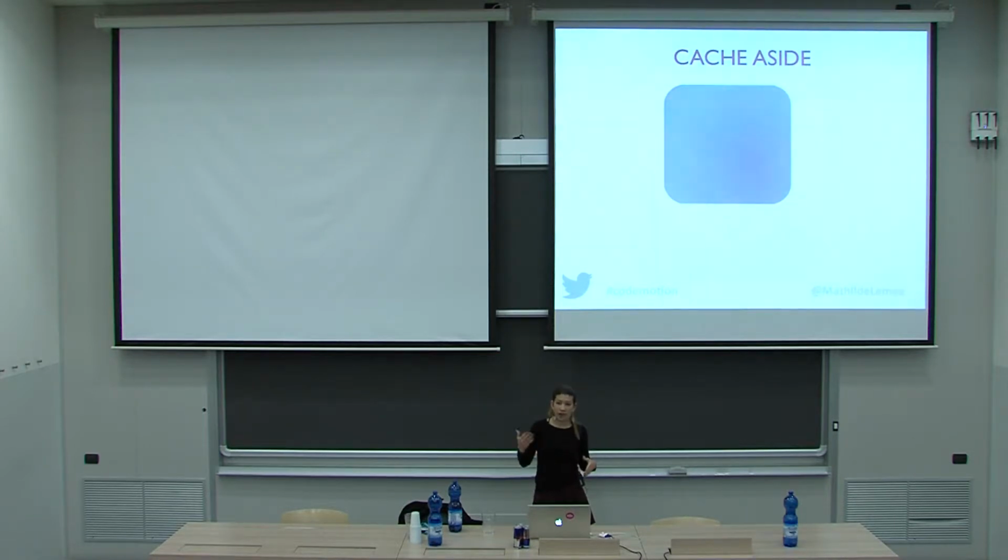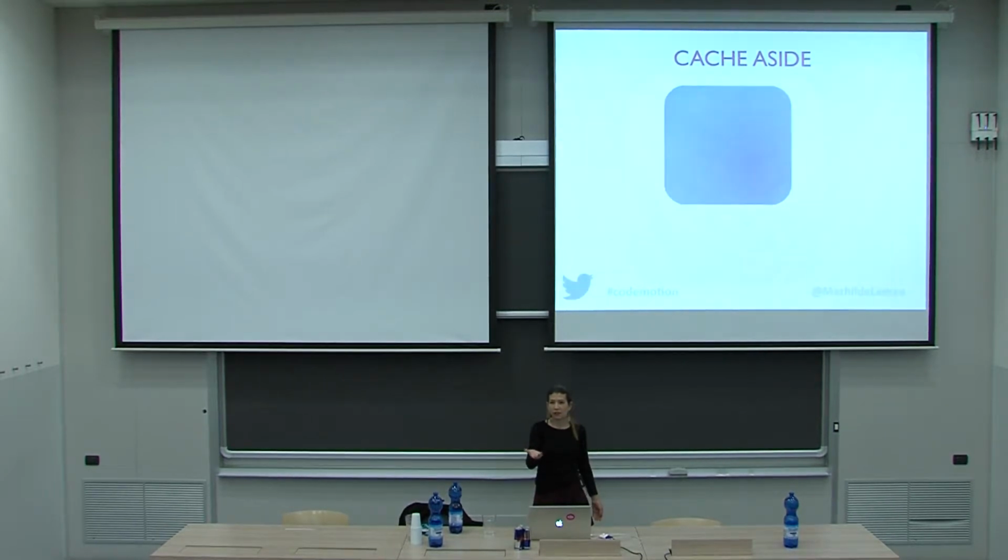So the algorithm is just you check the cache. If you get the key, it returns the value. If not, you go to your data store and do some SQL stuff. For the first access, it's slow. Why is it slow? Because the cache will say, okay, it's a miss.